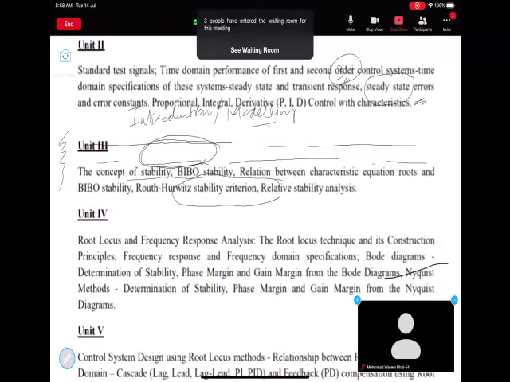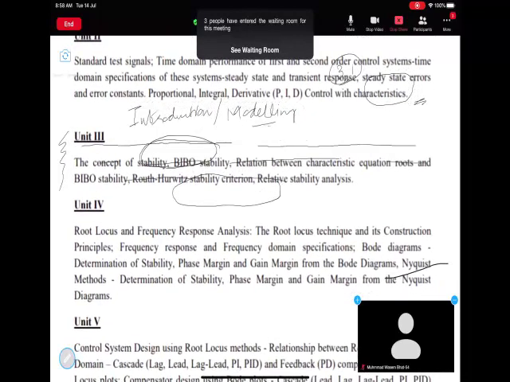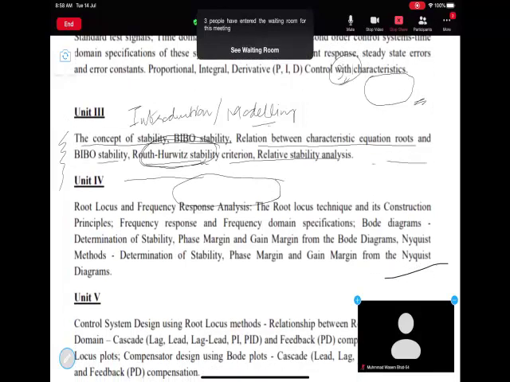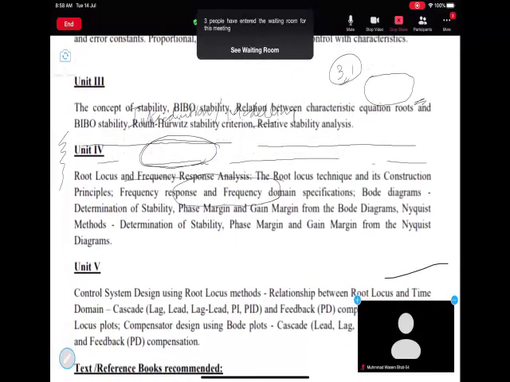The fourth unit is about a design and analysis tool called the root locus analysis, and also about another analysis and design method, which is in the Bode diagrams, the Nyquist plots, frequency response analysis. These are basically tools to actually understand and design controllers and see system performance.